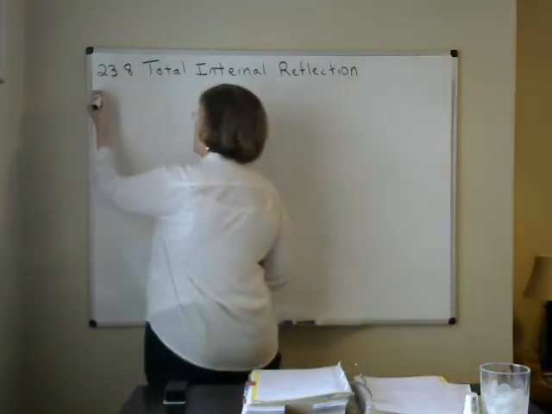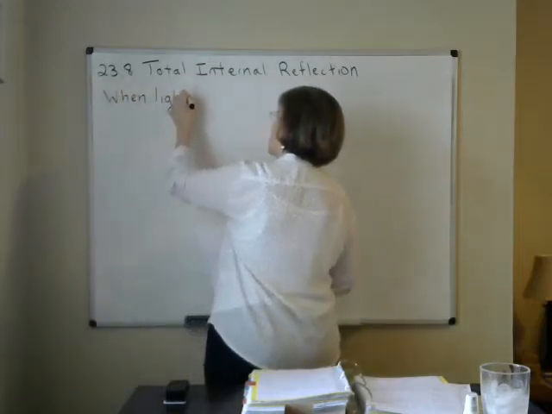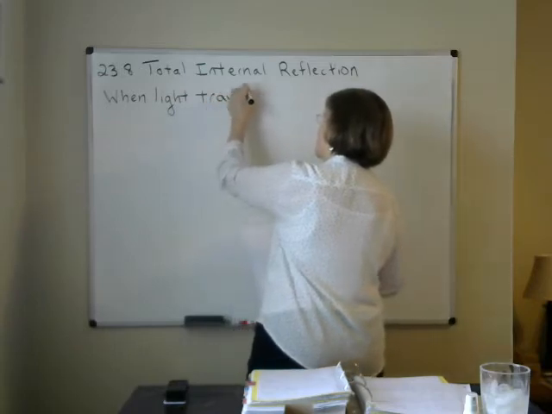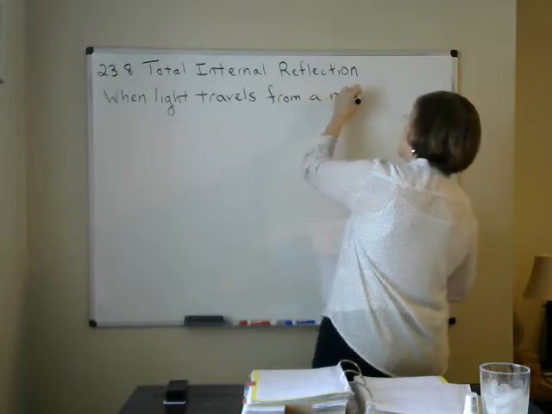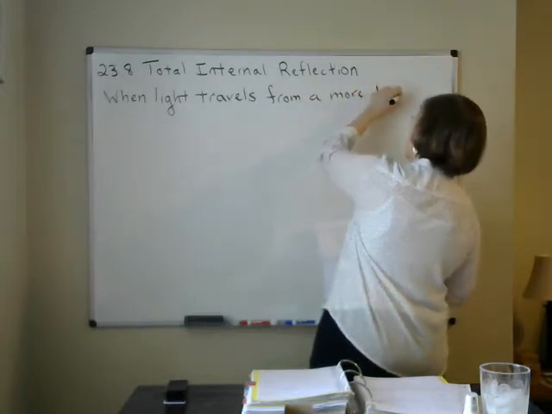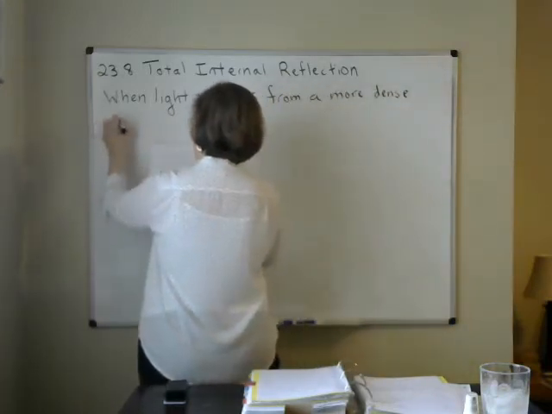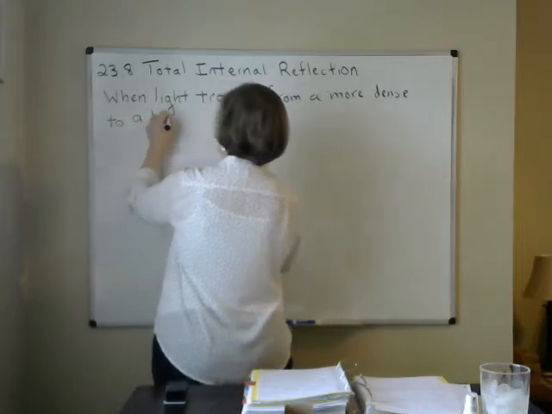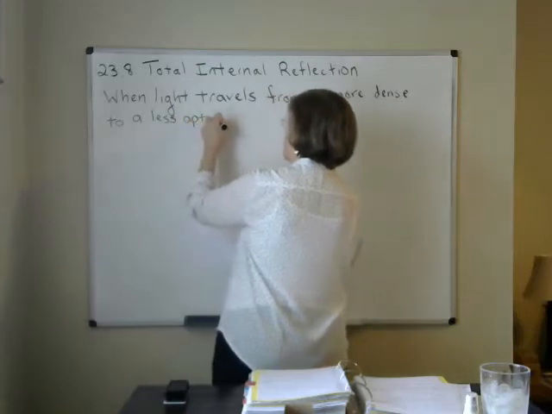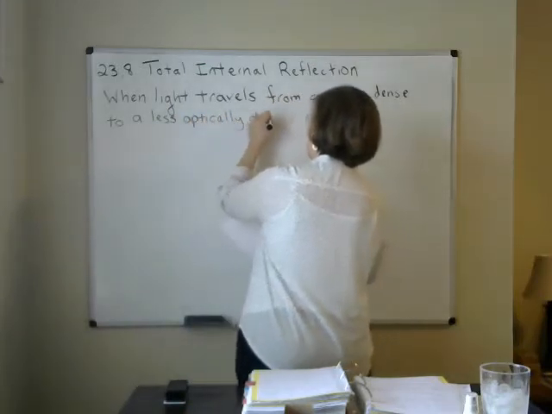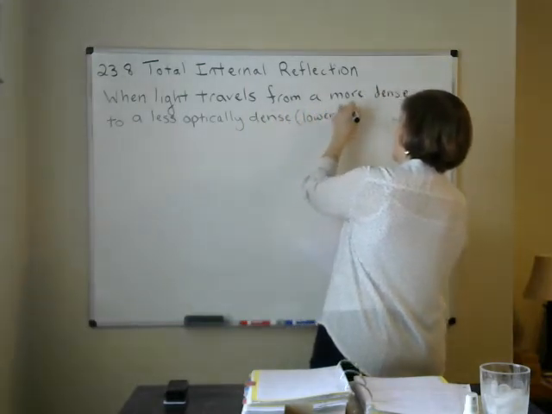When light travels from a more dense, that means a larger index of refraction, to a less optically dense, that's going to be a lower index of refraction.